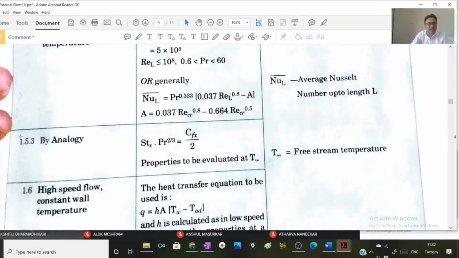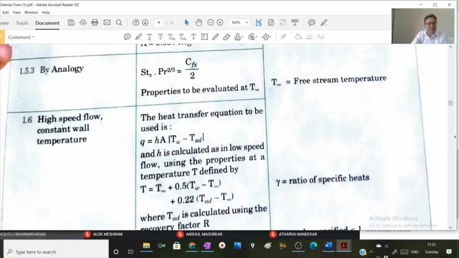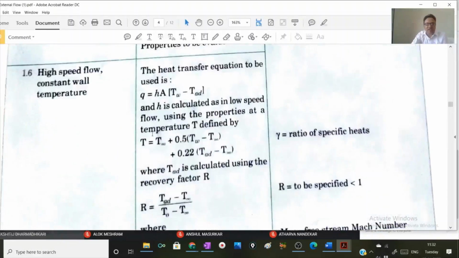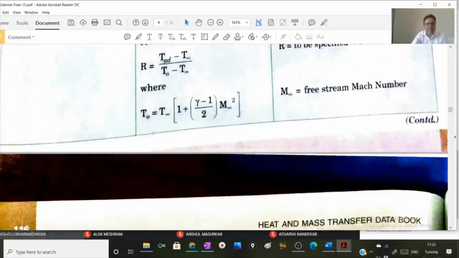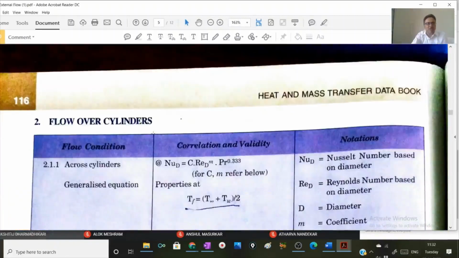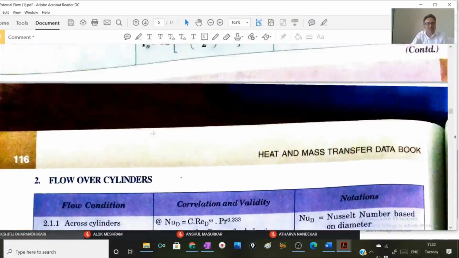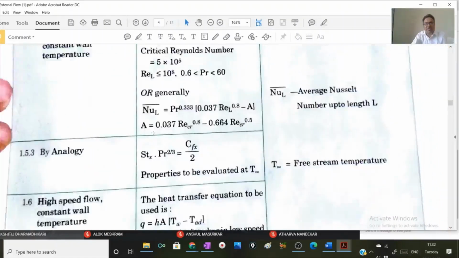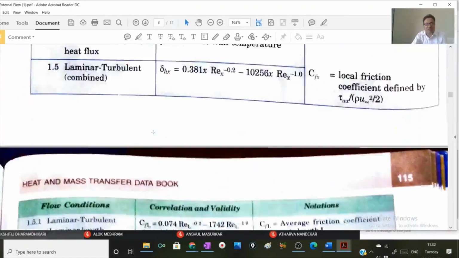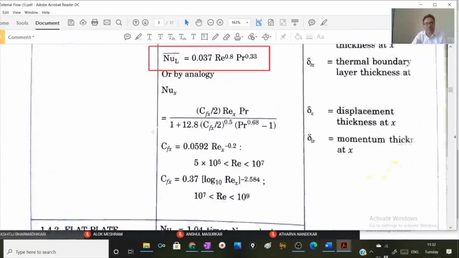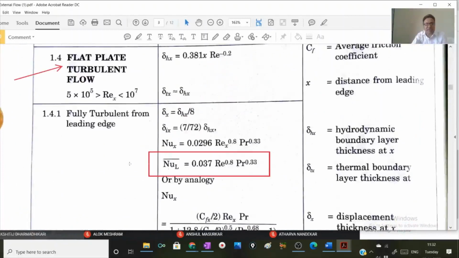And 1.5.3, 1.6 is for high speed flow. Ours is not high speed flow. And then flow over cylinders. So all other possibilities are ruled out for the appropriate expression of Nusselt number.